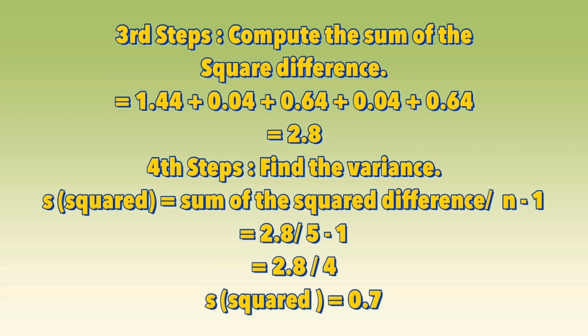Then we have 2.8 divided by 4. The variance is equal to 0.7. Therefore, this means that the approximate average of the square deviations is 0.7.